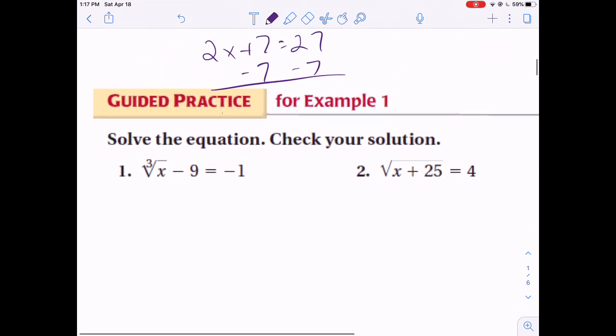Let's see what else we got for you. Here are some other ones that might require some other work first, and I'll make sure I show you an example of these. So the first one, the cube root of x minus 9. This is not isolated yet. I've got this -9 in the way first. So I need to move that through addition. I'm just going to add 9 to both sides. I now have, I'm going to write it as an exponent, x to the 1/3 equals 8.